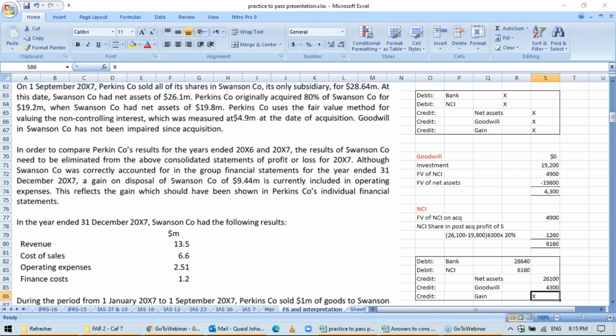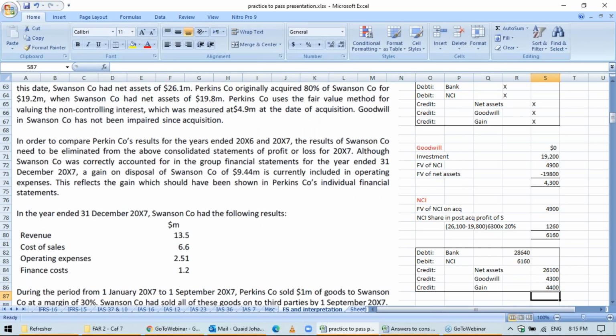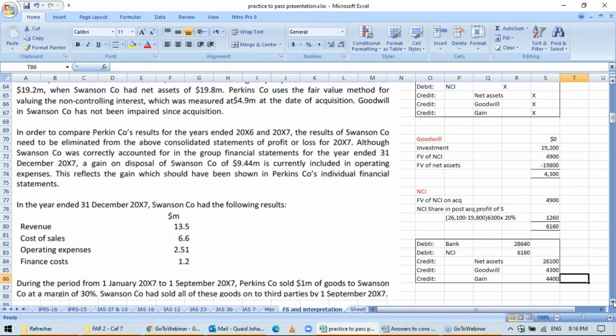So the balancing amount is 28,640 plus 6,160 minus 26,100 minus 4,300. This gives you a gain of 4,400. So that's how we calculate the gain. So that's the simple formula to calculate the gain on disposal of a subsidiary.